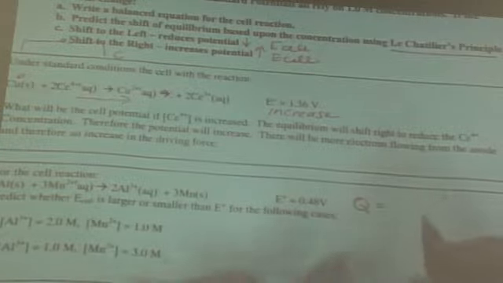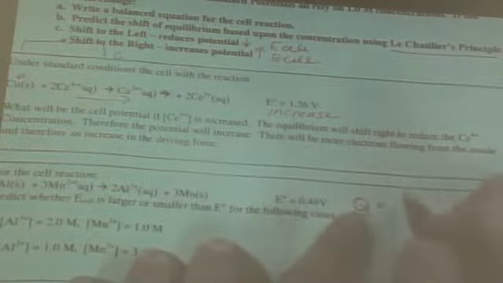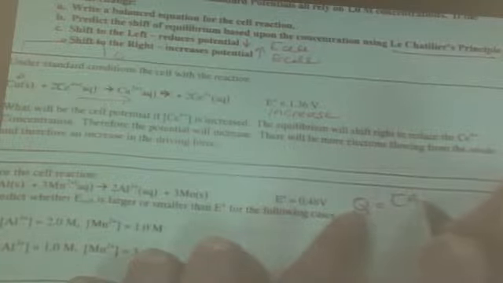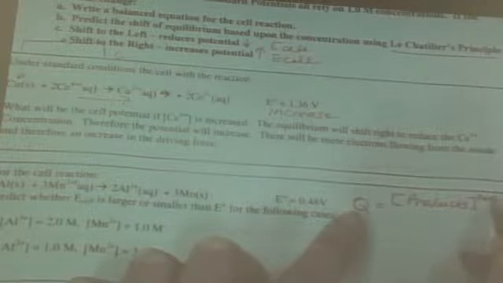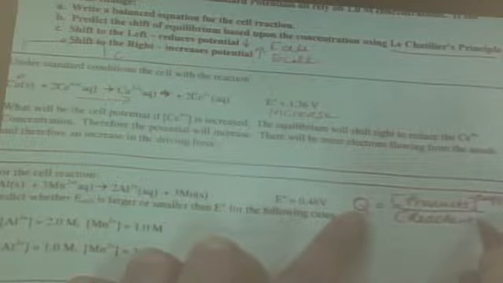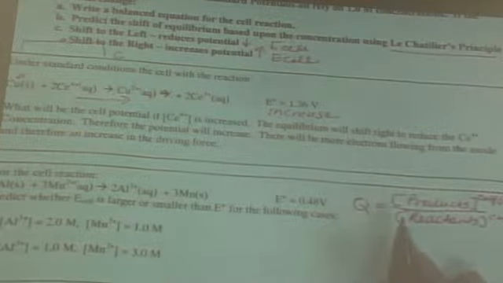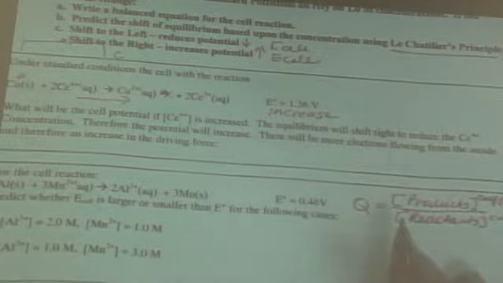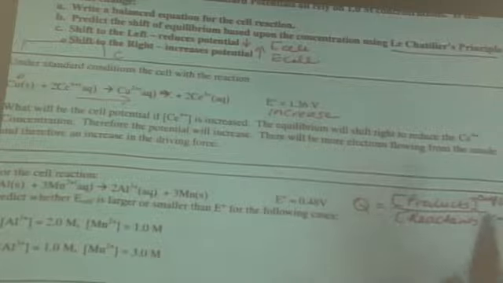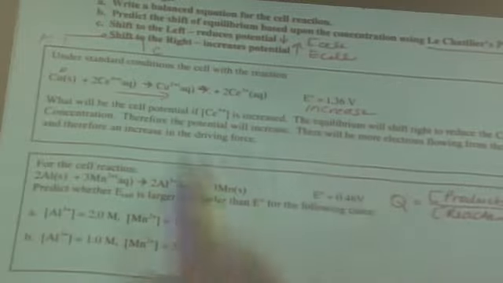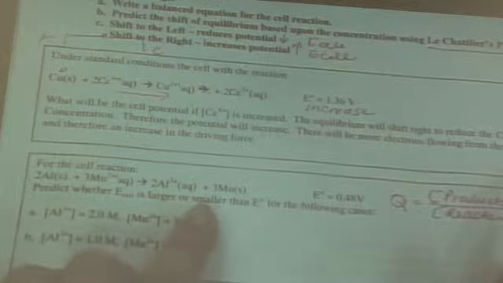To define Q, you put the products raised to their coefficients over the reactants raised to their coefficients. Now, Q did not take into account a couple of things. What? Solids and pure liquids. Solids and pure liquids were omitted from Q, and they are omitted from Q here as well.